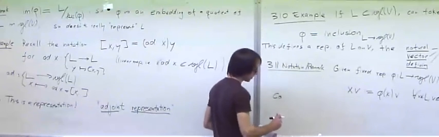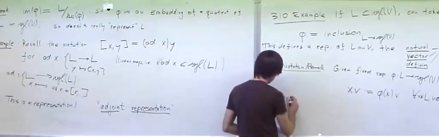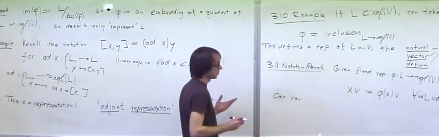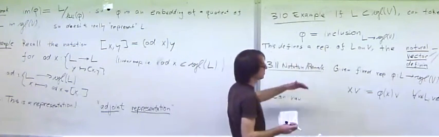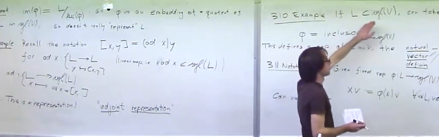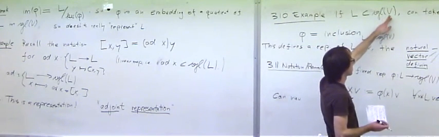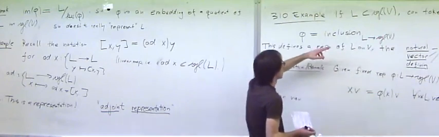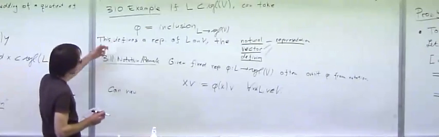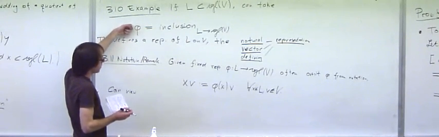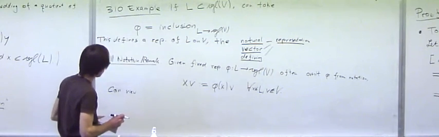If we use this notation, what's the structure defining a representation? Given a representation, we have, of course, the Lie algebra. Then we have the vector space V in which the Lie algebra acts, so the representation space. And here the structure, in our definition, is given by a homomorphism phi from L to gl(V).